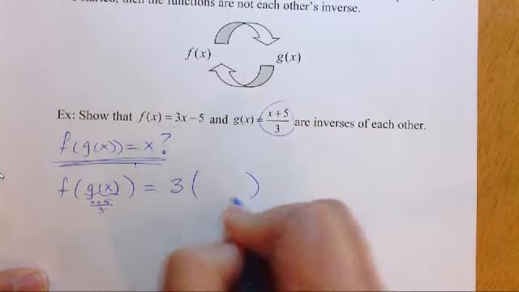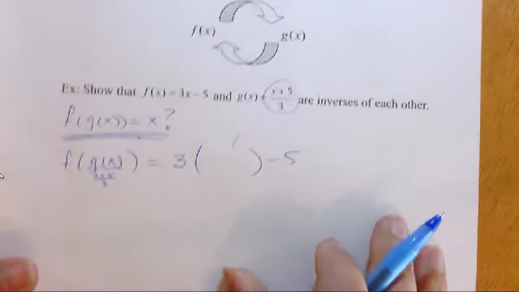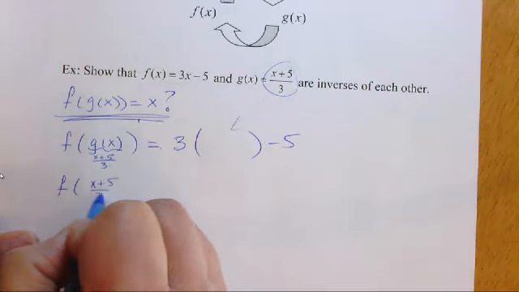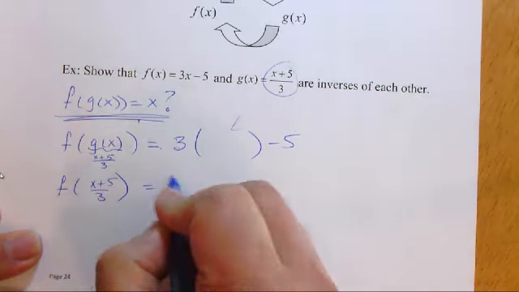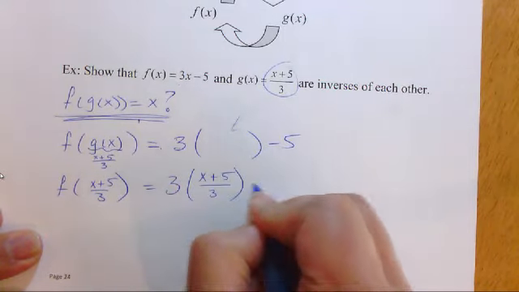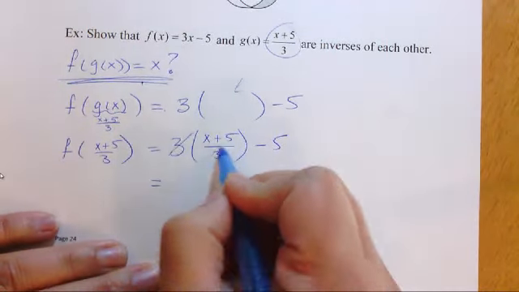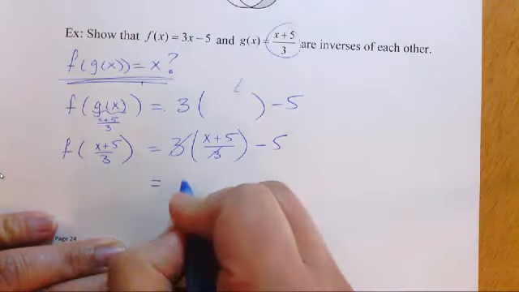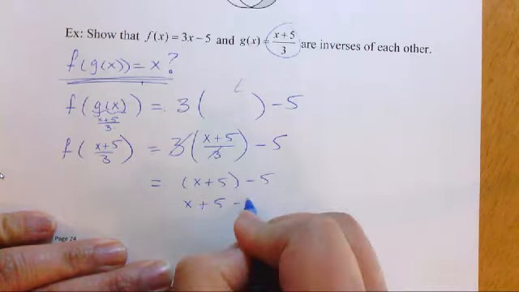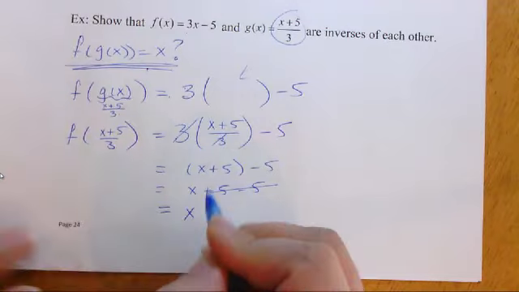So I have my 3, and then I'm going to leave a big bracket there, because I'm going to substitute that in there. So I've got f of x plus 5 over 3, which is 3 times the bracket, x plus 5 over 3, minus 5. Then I'm going to simplify things. My 3's reduce. I end up with x plus 5 minus 5, simplify that, and I get x.